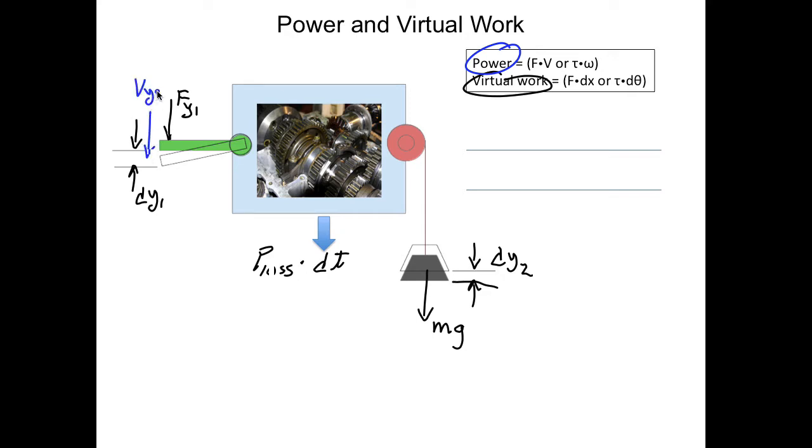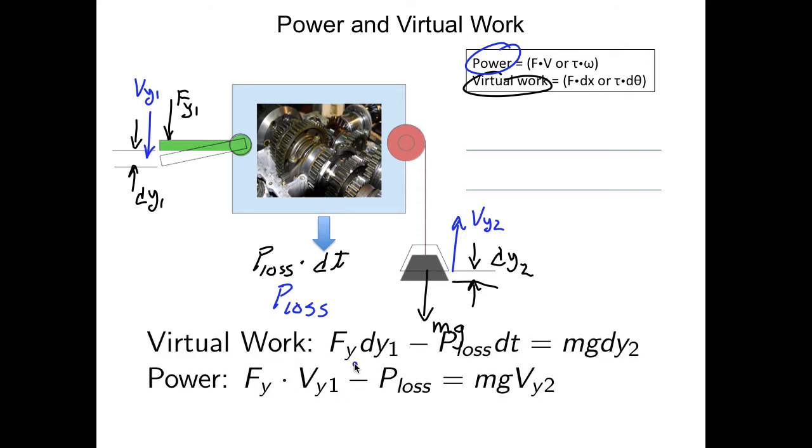I'll call it Vy1, and the weight is raised with some velocity. I'll call that Vy2, and now I just talk about a power loss instead of a small amount of virtual work. So in summary, we have input force, power loss times time is force times the small displacement, or if we're working with power, we have force times a velocity minus power loss is force times velocity.